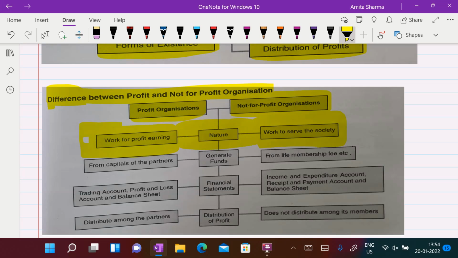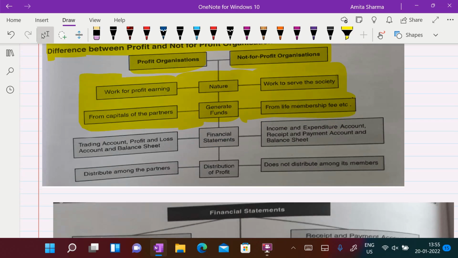Second, generate funds. In the case of a partnership, they generate funds from the capital of partners, and here not for profit organizations get funds from life membership fee, donation, subscription, government grants, etc. Next, financial statement.